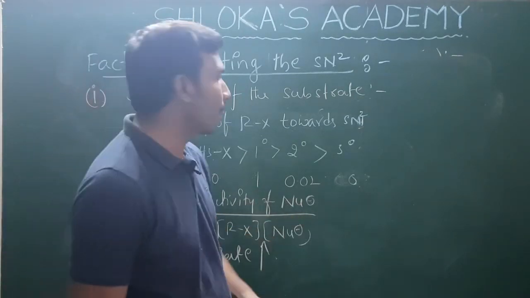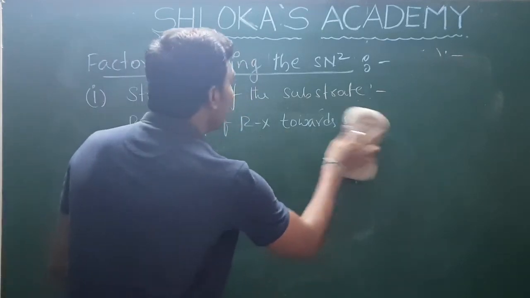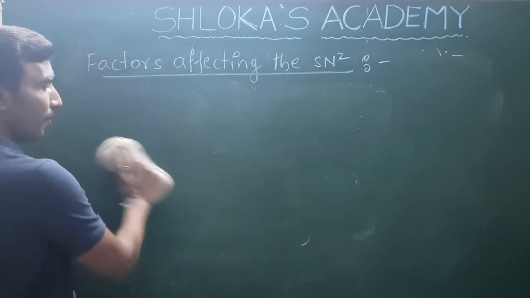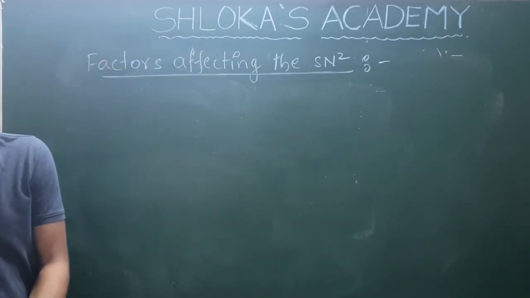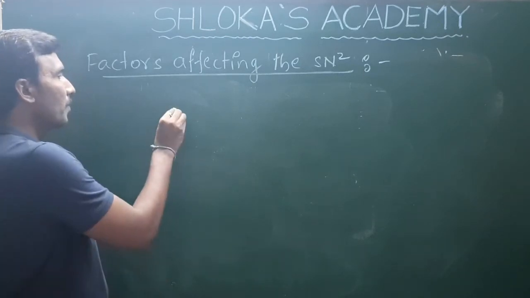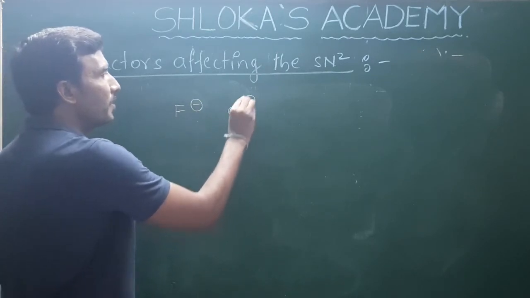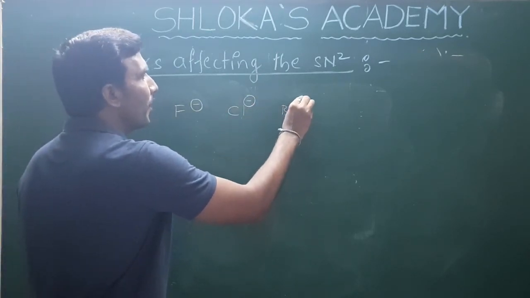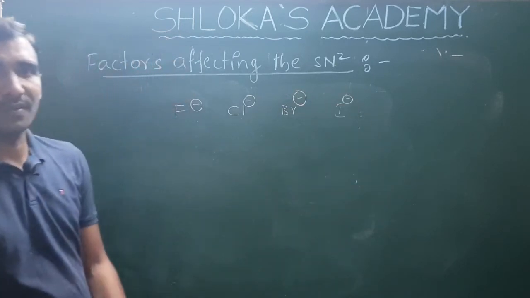And how about the reactivity of the nucleophile? How can you decide? Let me take some examples, and how the reactivity of the nucleophile can affect the rate of the SN2 mechanism we can discuss with one example. Here I am taking the nucleophiles F minus, Cl minus, Br minus and I minus. All these are nucleophiles only.